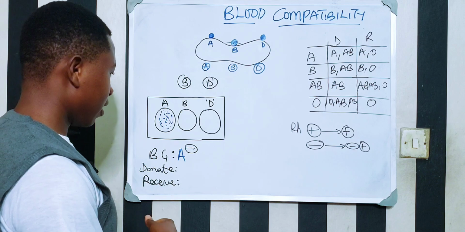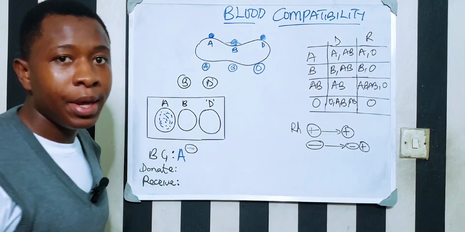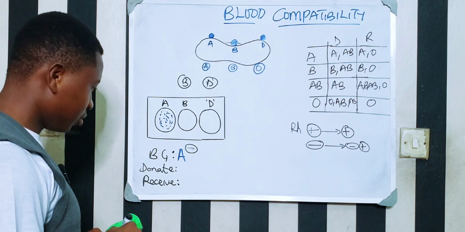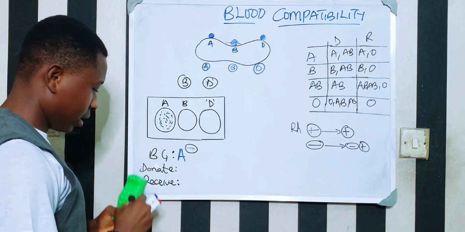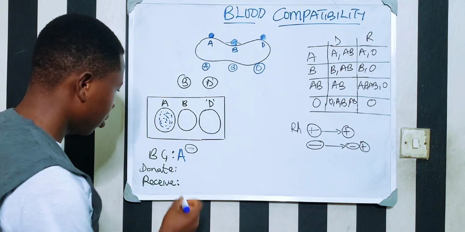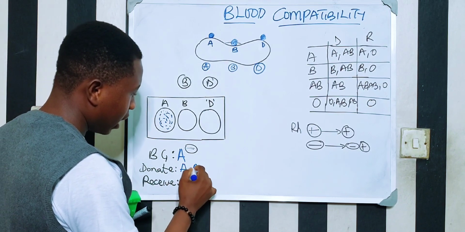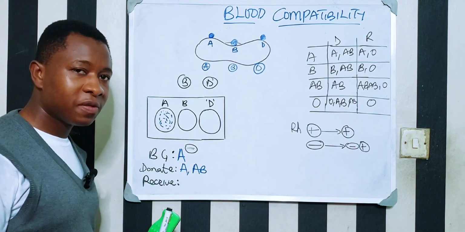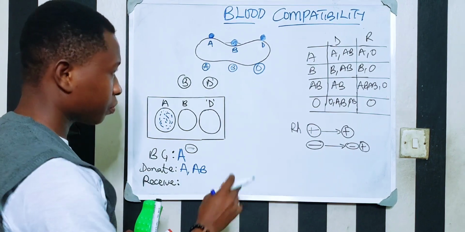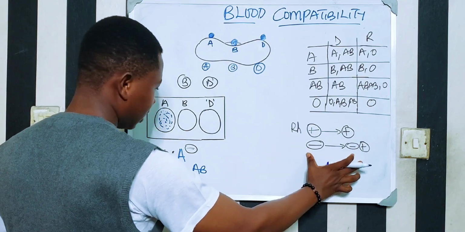Now, we know that A can donate to A and AB, right? Let me use another color. A can donate to A and AB, right? So let's be specific, because there is a rhesus law stated here.